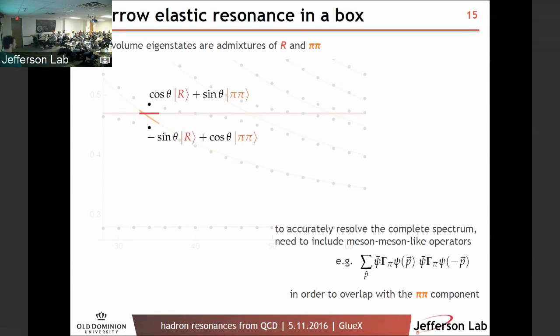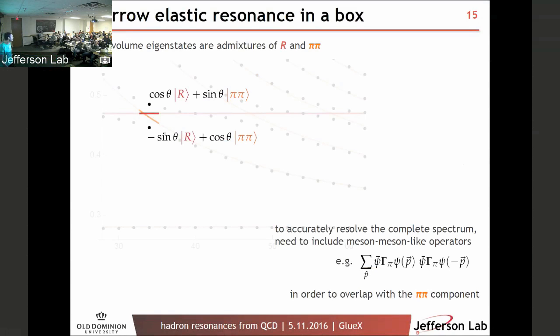We're not resolving anything about how it decays, for example. And if you want to do better, what you have to do is use a basis of operators which goes beyond that one that I described before and adds in something that has strong overlap with, say, pi-pi-like states. That's relatively easy to do. This operator is something which overlaps with a pion, and so is this.